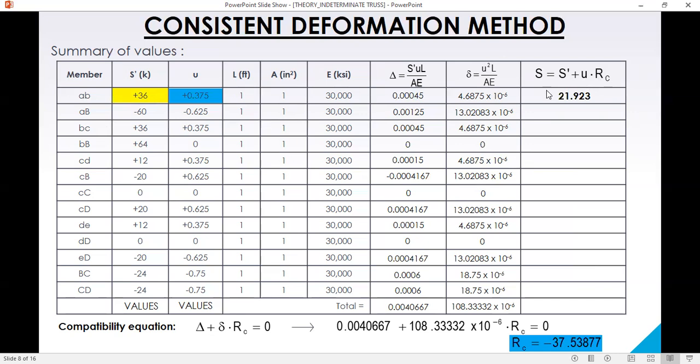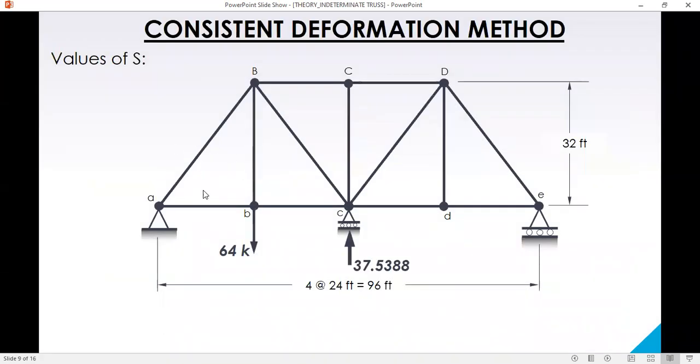So this is the correct value of the force of member EB. Do the same up to the last member. Okay. So these are the correct values of the force of the members. Okay. So this is the reaction upward, and these are the bar forces.